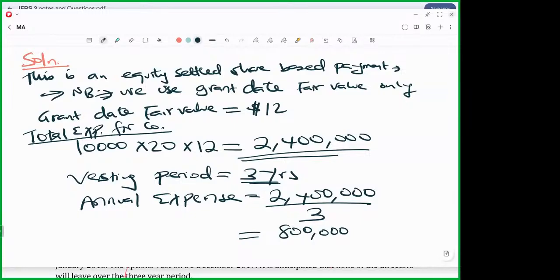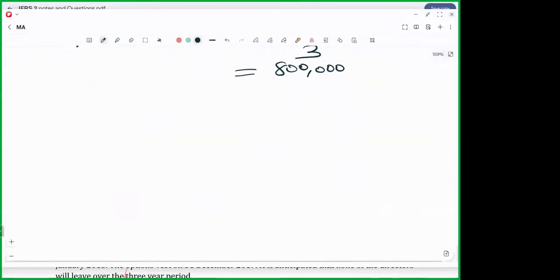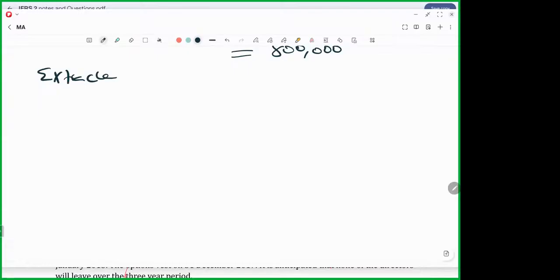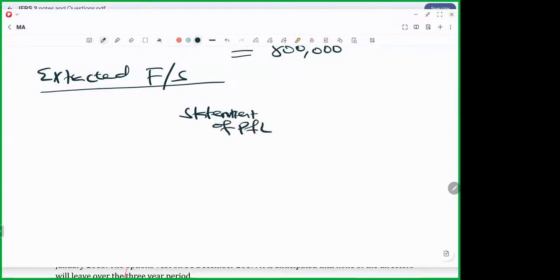So simply come and give us extracts. Give us extracted financial statements. So we have here statement of P&L, and then we have a statement of financial position.